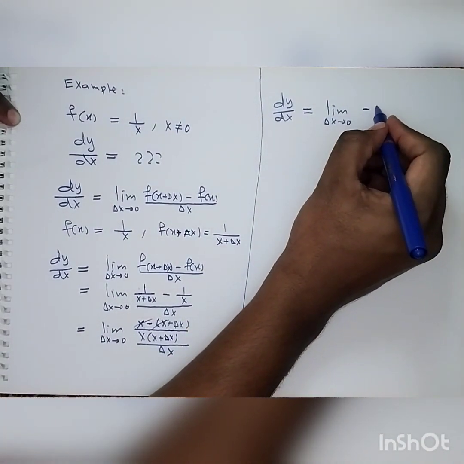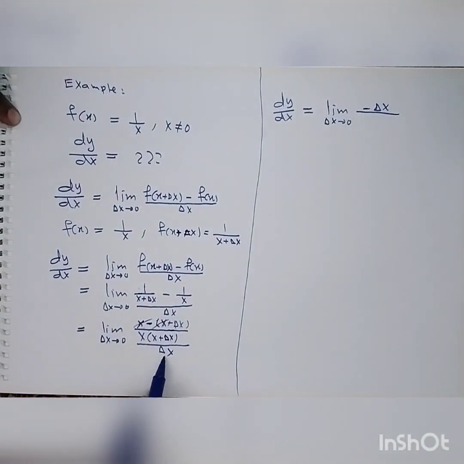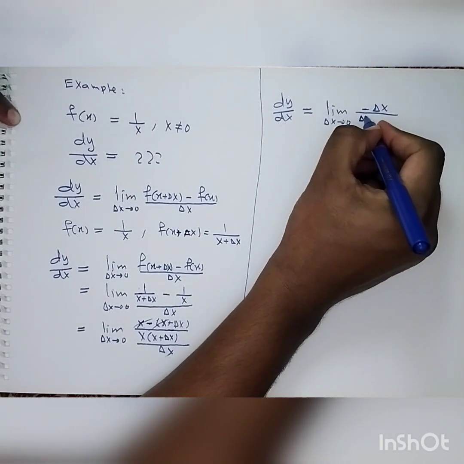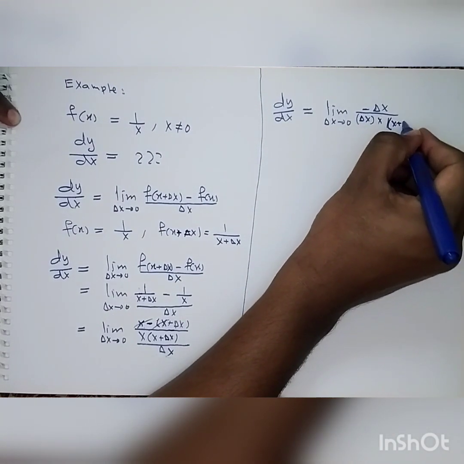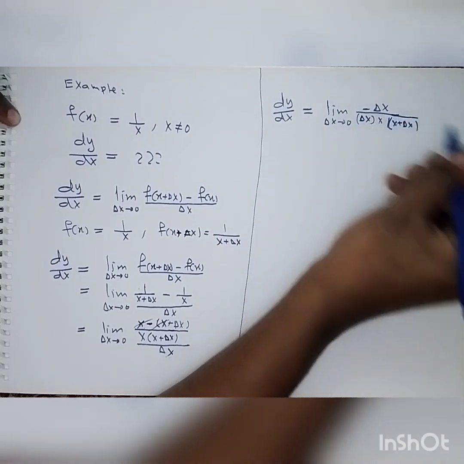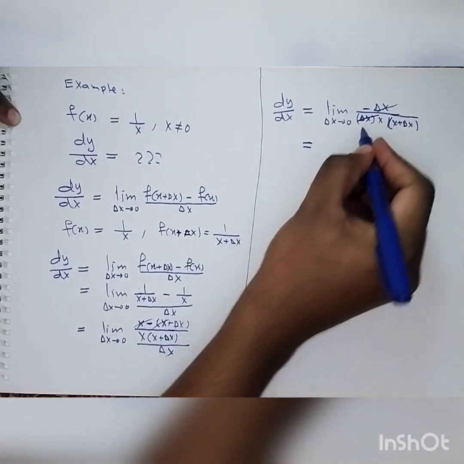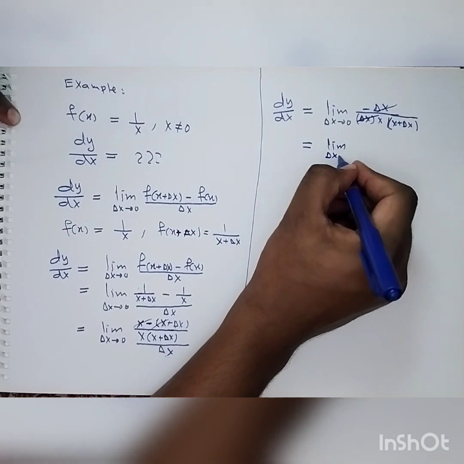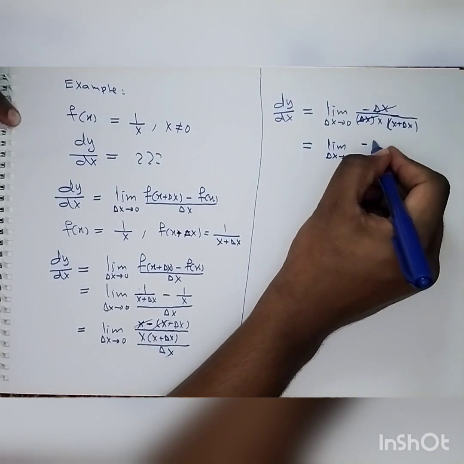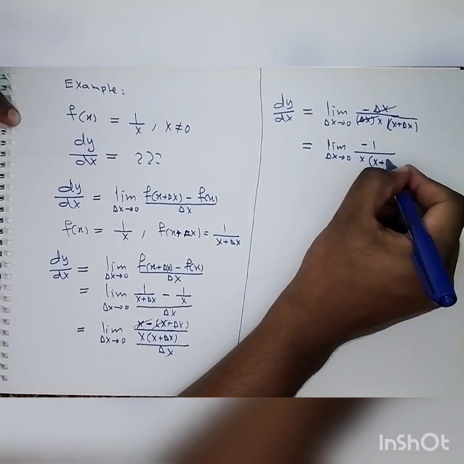That means here we would have negative delta x, divided by delta x times x plus delta x. Now delta x would cancel out. Then we have negative 1 in the numerator, so the limit as delta x approaches 0 of negative 1 divided by x times x plus delta x.